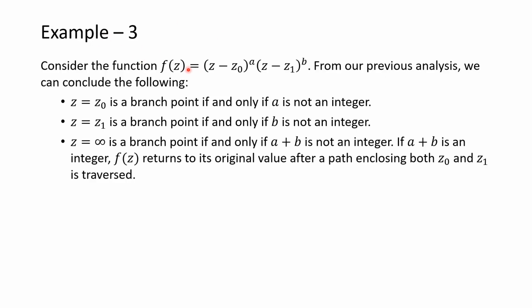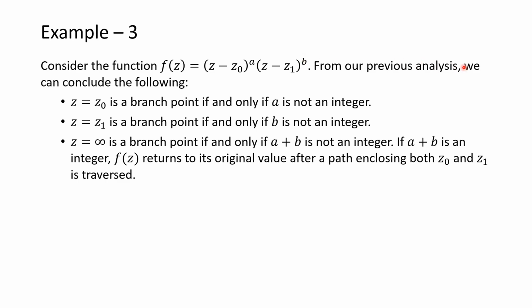Another example is f(z) = (z − z₀)^a (z − z₁)^b, where z₀ and z₁ are complex constants and a and b are complex numbers.